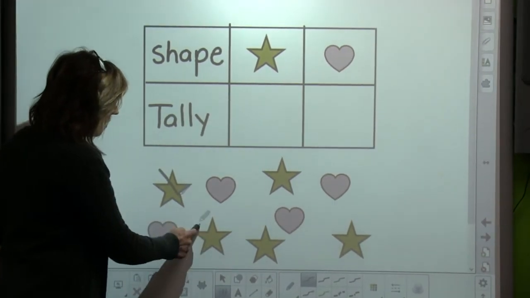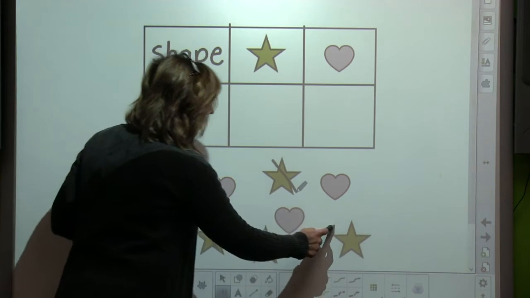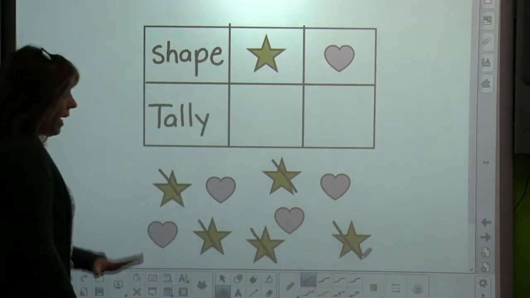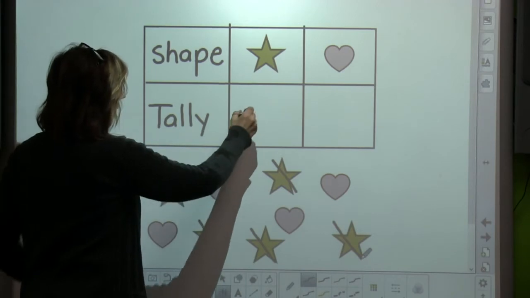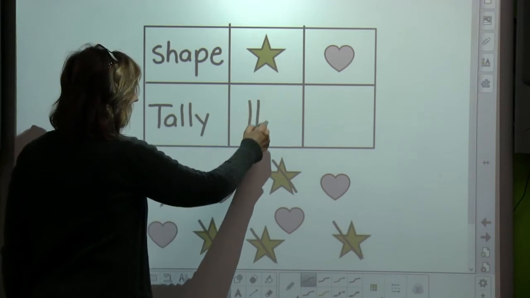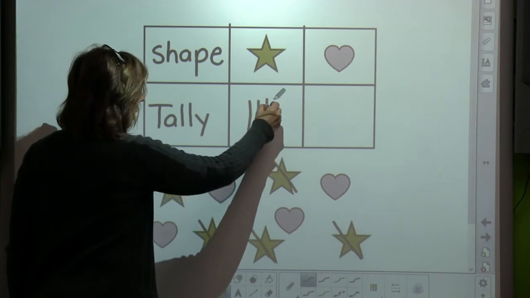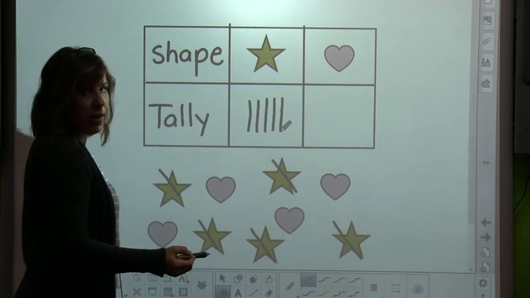1, 2, 3, 4, 5. 5 stars. So under the star, I'm going to make 5 tally marks. Ready? 1, 2, 3, 4, 5. Did I do that right?